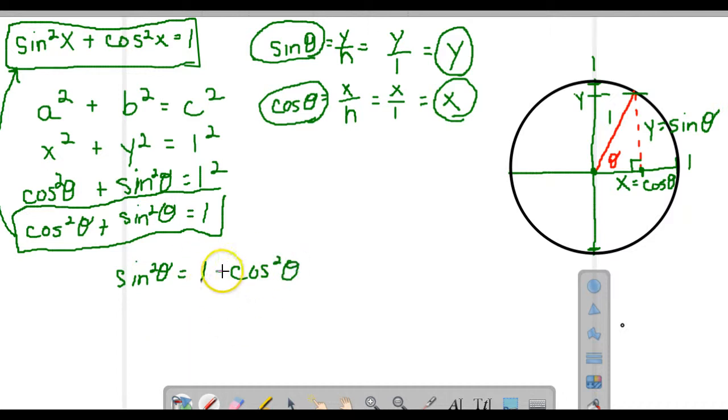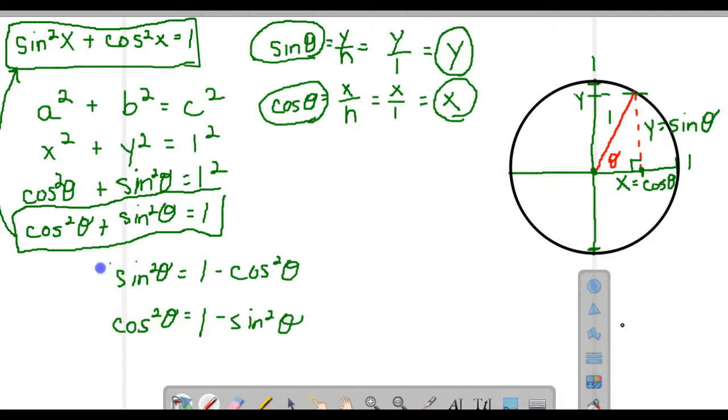So whenever you see this, you can substitute this in. Or if you had cosine squared of theta by itself and put sine of theta on the other side, you might see cosine squared of theta equals 1 minus sine squared of theta. So if you ever see this 1 minus sine squared of theta somewhere, you could substitute this in.